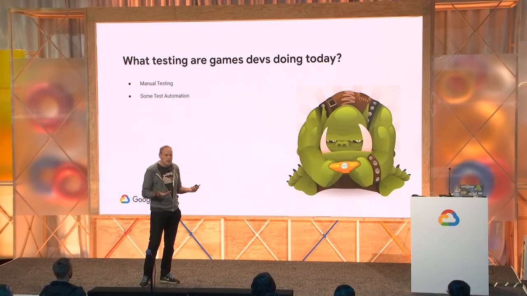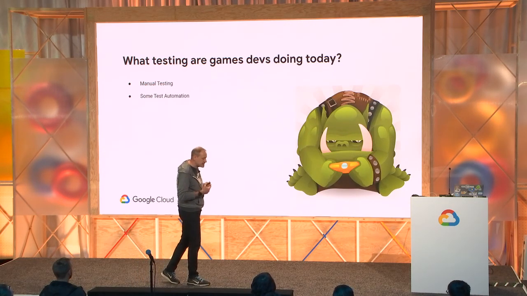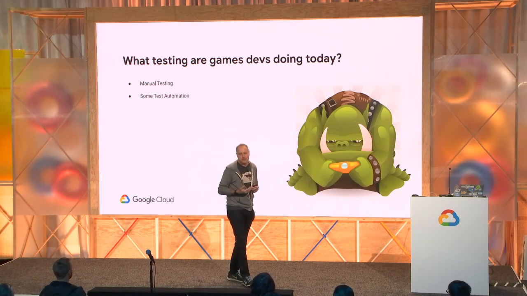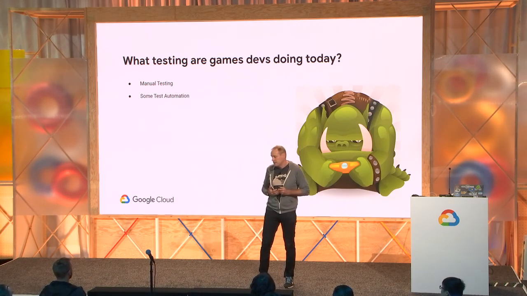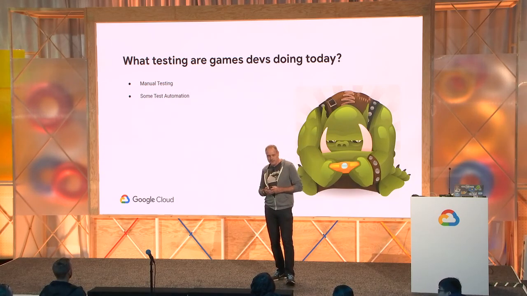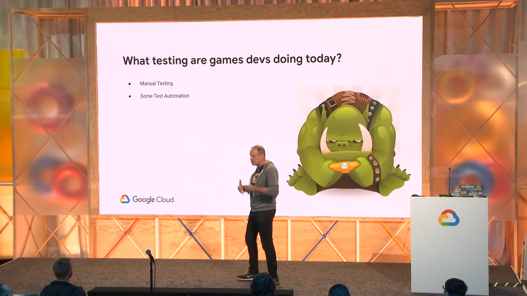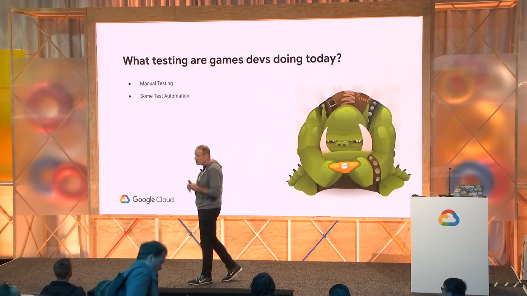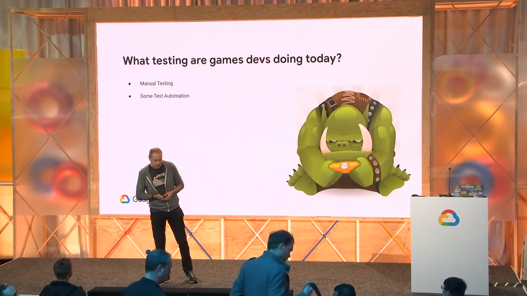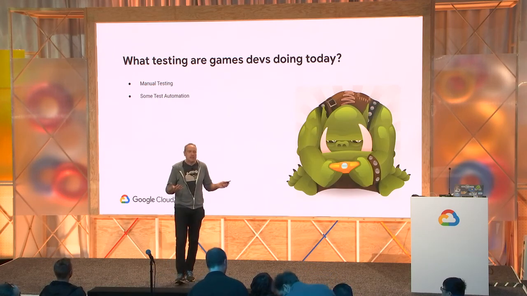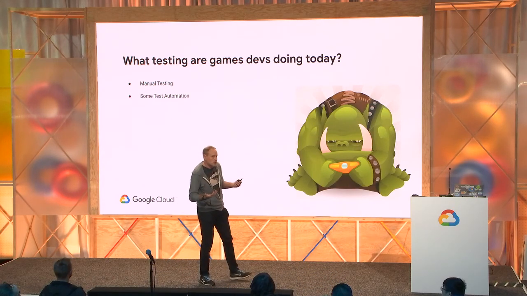There is some, not a lot, there is some test automation. But it's usually homegrown, which means it's specific to the perhaps proprietary game engine you're using or to the company that you've built it in. So it's not widely applicable outside of the company in which you work or that game engine.